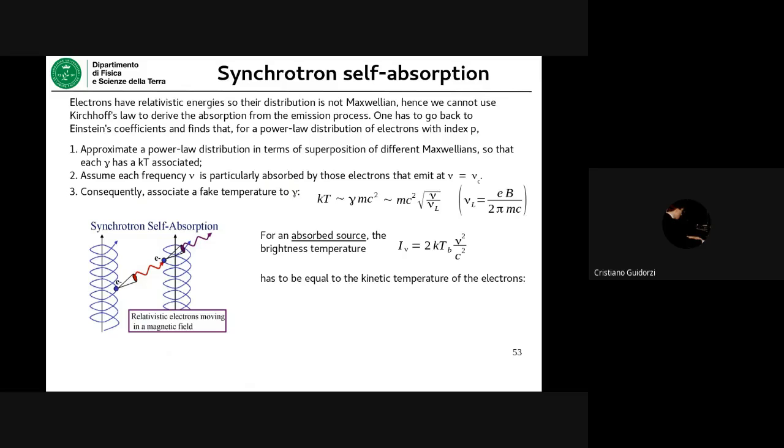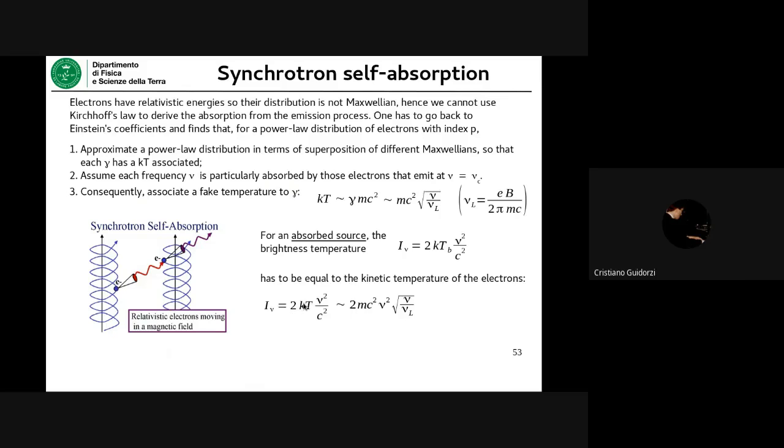So the brightness temperature is associated to gamma, which is in turn associated to its corresponding critical frequency. So it means that kT scales with the square root of nu.